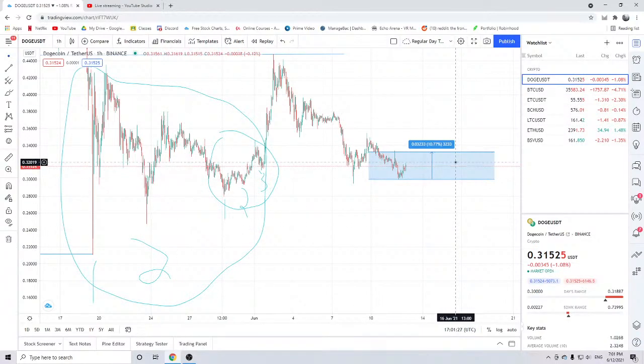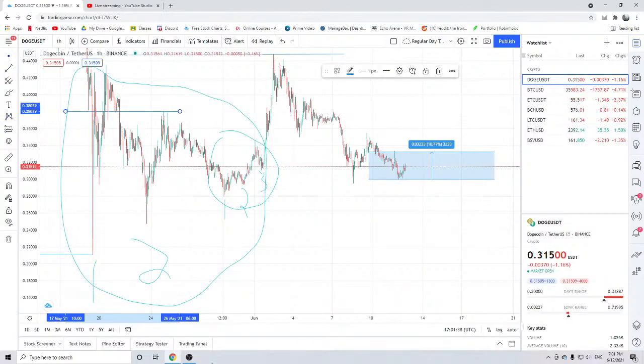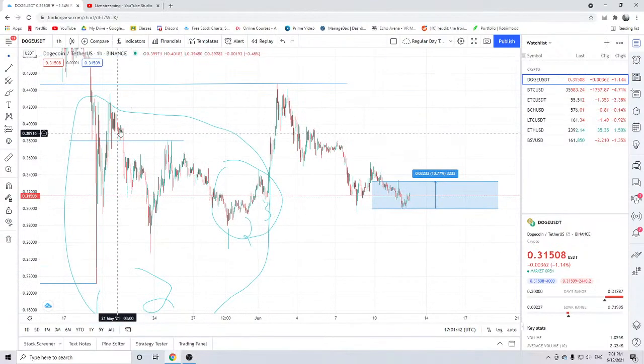But how far will it go up? So this right here went basically to, well, let's just draw this right here. It went to the bottoms of the little tops we can see there.